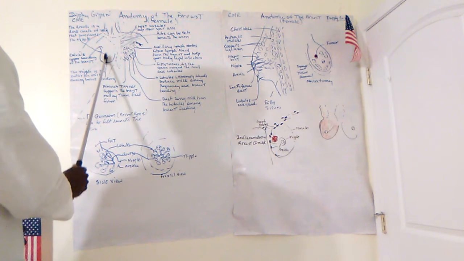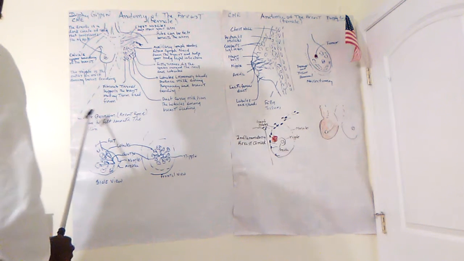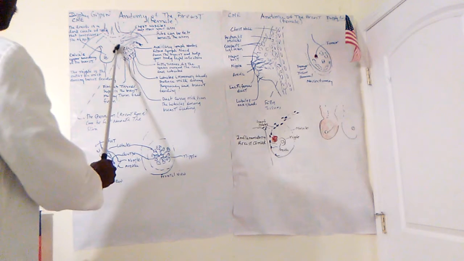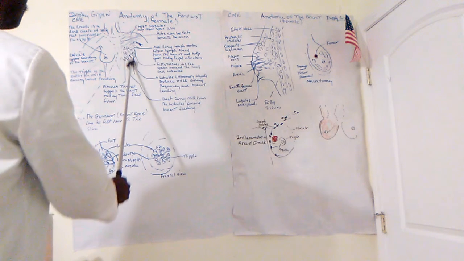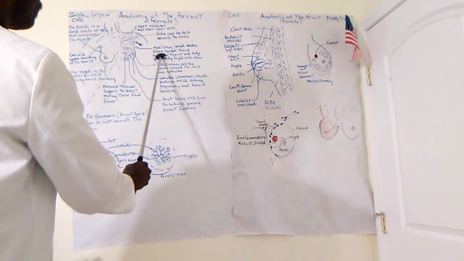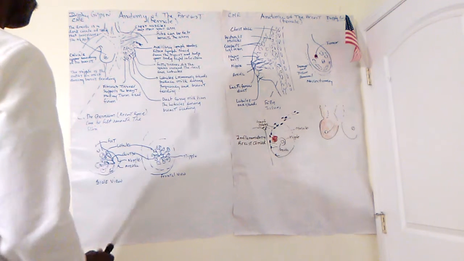We have the breast itself with the nipple and the areola, and the fibrous tissue supporting the breast, making them feel firm. Fibrous tissue over here, and the axillary lymph nodes, which filter lymph fluid from the breast and help your body to fight infection.